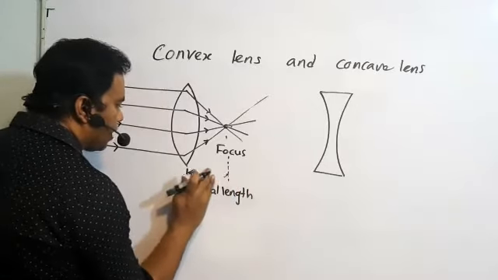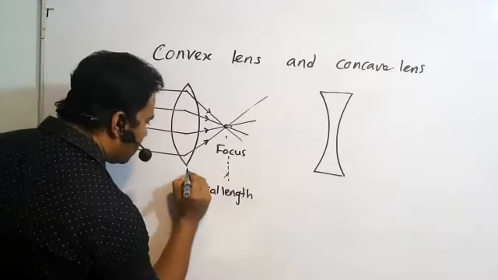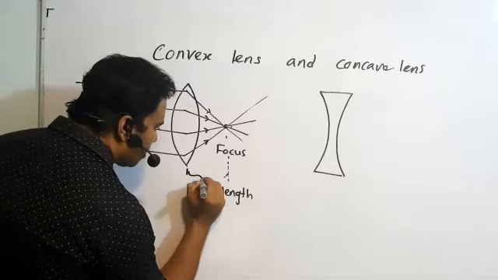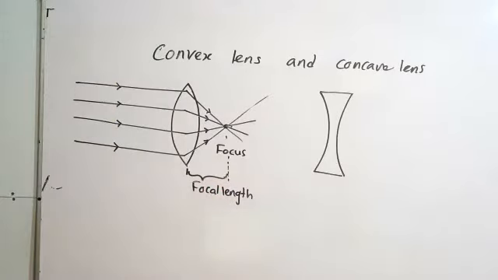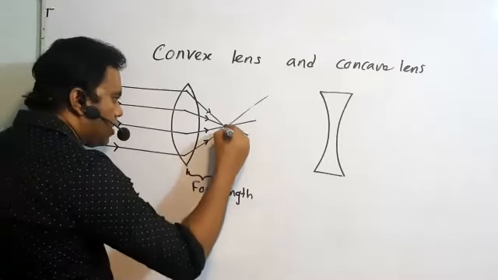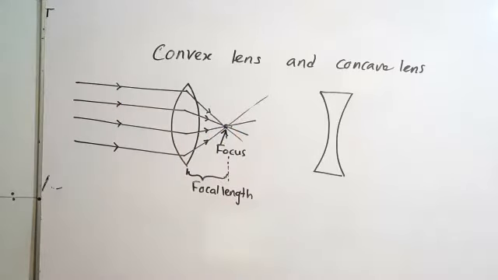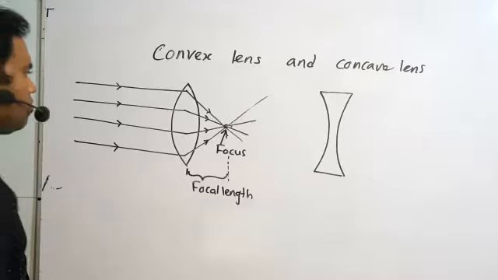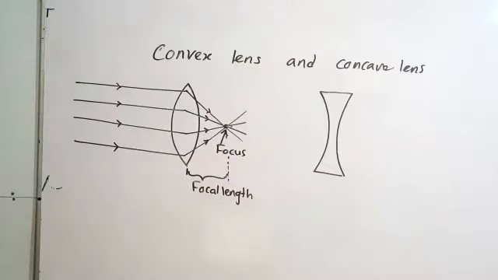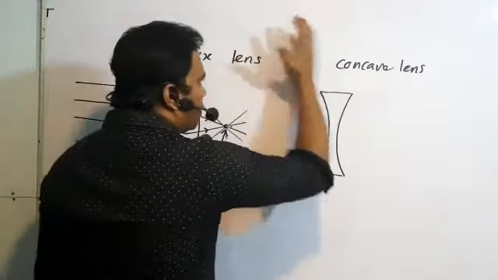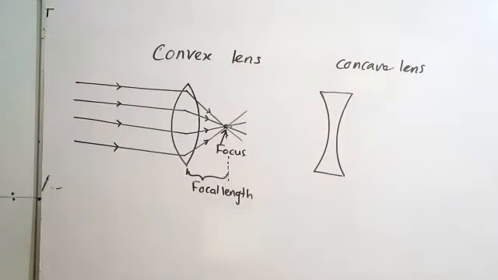Focal length. Okay, I'll demonstrate that. So that's focal length. Here's the focus and focal length. Okay, simply take it down. Here's the convex lens, and this is the concave lens.